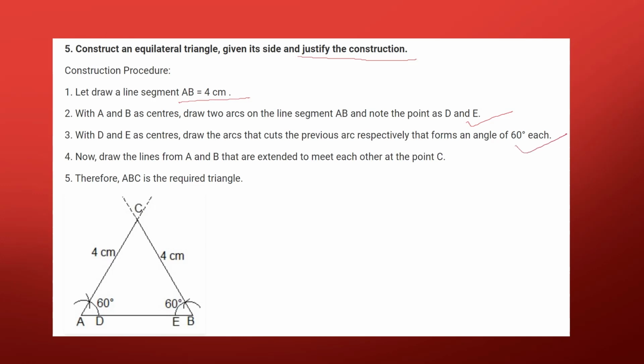Now draw lines from A and B that are extended to meet each other at the point C. Therefore, ABC is the required triangle. Like this, you will follow the procedure and you can draw the equilateral triangle.